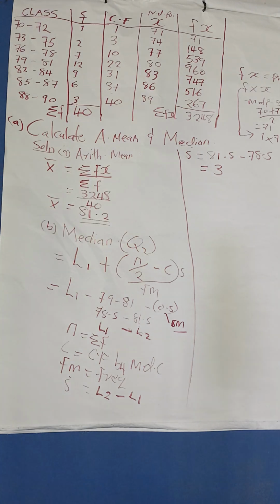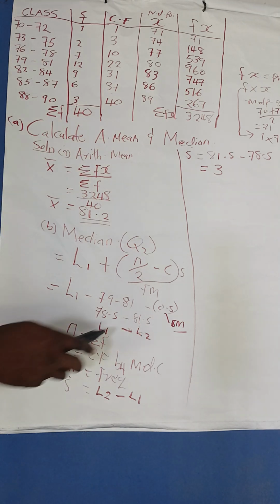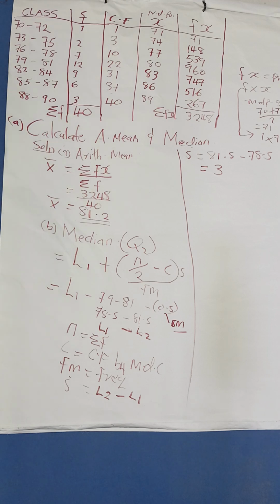I totally disagree, because you will not get the marks for the median since you won't use the right class interval. So make sure you subtract this smallest value from the lower class limit, which is 79, then add it to the upper class limit, and you are good to go. Now we have everything, and I think I've explained that formula well.